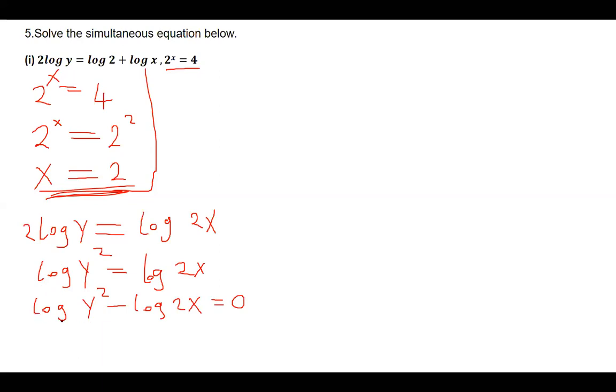When you're subtracting, it means that you are dividing. So you're having something like this: log of y squared divided by 2x is equal to 0.